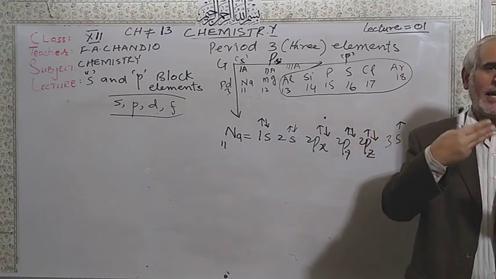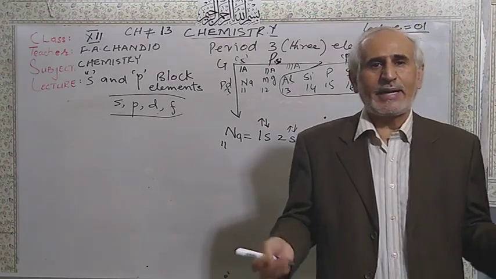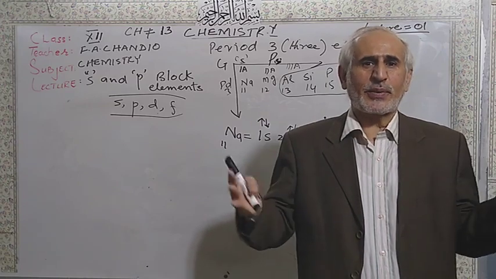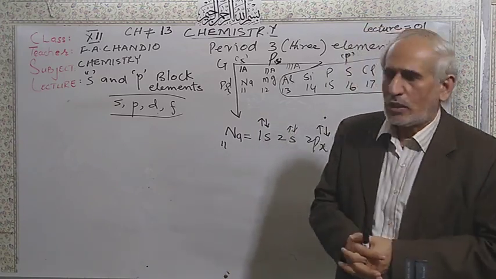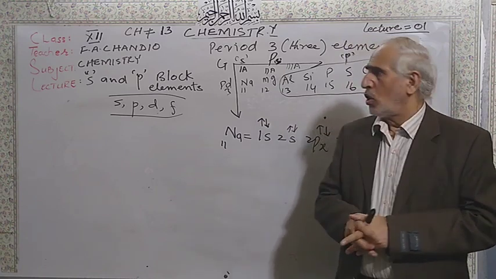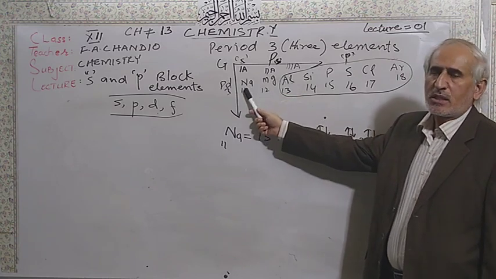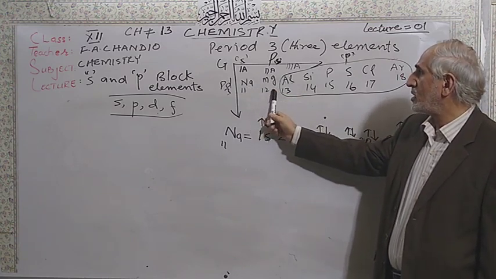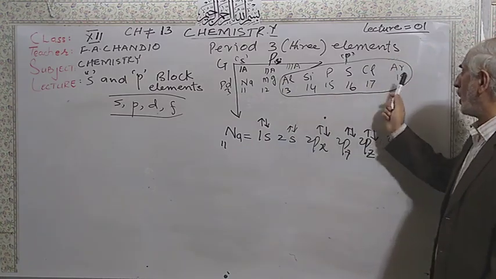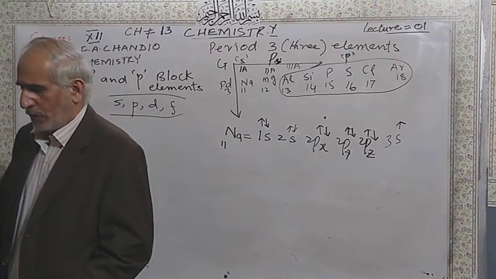Slowly and gradually, electrons are going to be added in the p sub-energy level. So the last electron is present in the p, and we call them p block elements. So third period elements sodium and magnesium belong to s block elements, and aluminium to argon are called p block elements according to their electronic configuration.